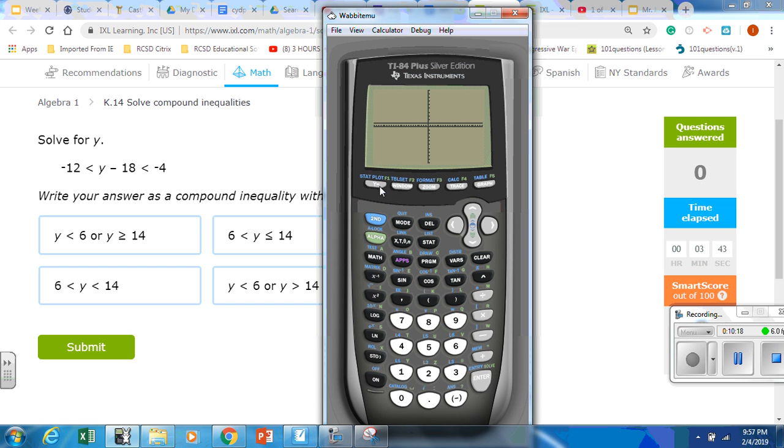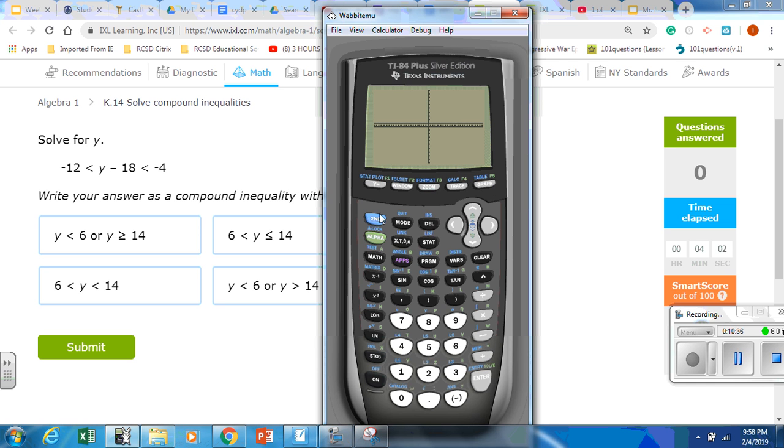In our first piece, second graph. Let's go back to window, second window, 0. Graph.